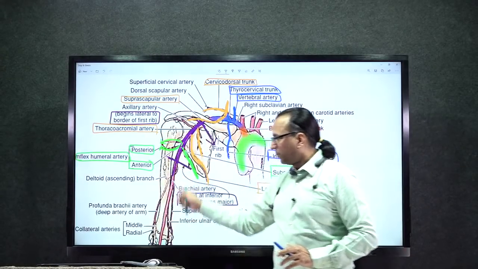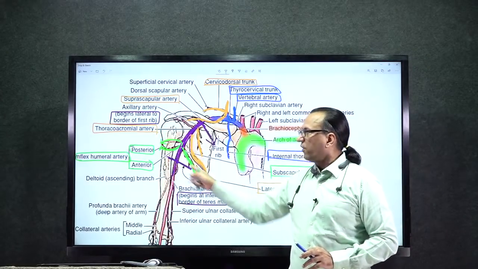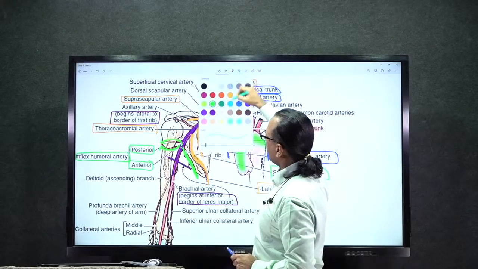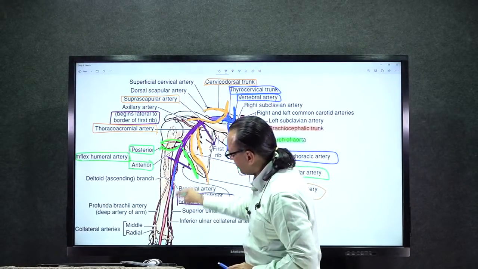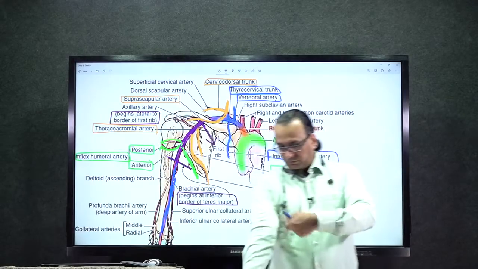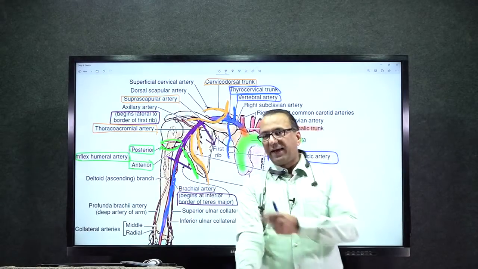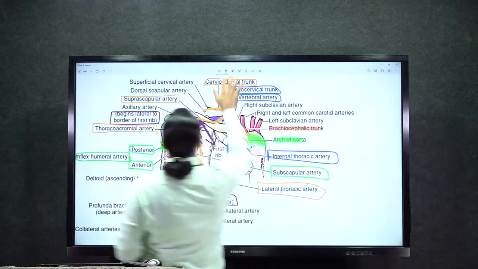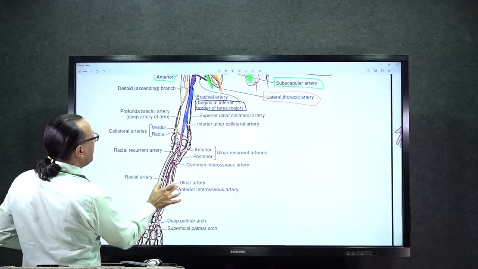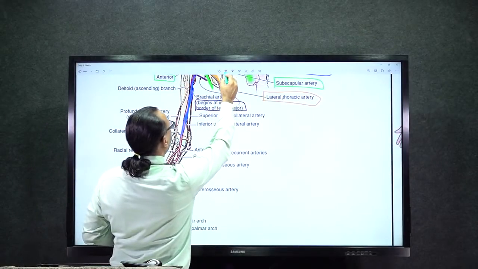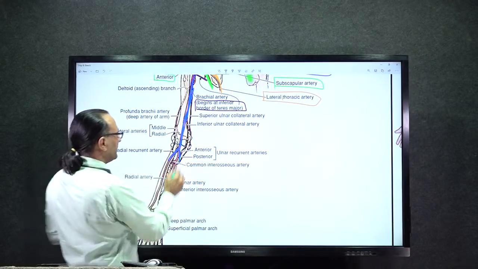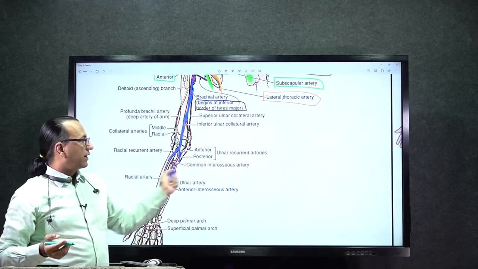But then as you proceed further, crossing the lower border of teres major, it will continue as the brachial artery. And this brachial artery is reaching the cubital fossa, dividing into 2 branches. As you can reach there, now as you'll remember, this is the brachial artery, which is now dividing into 2 branches in front of the elbow joint, the cubital fossa.